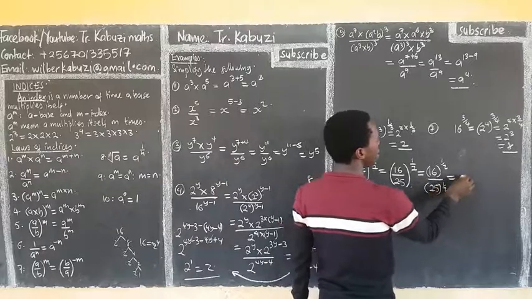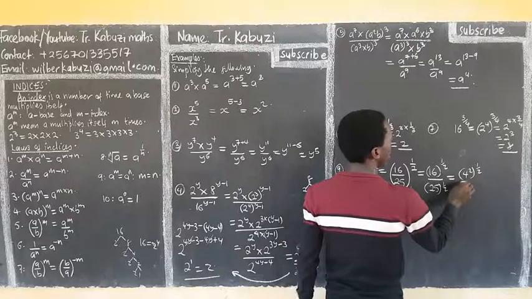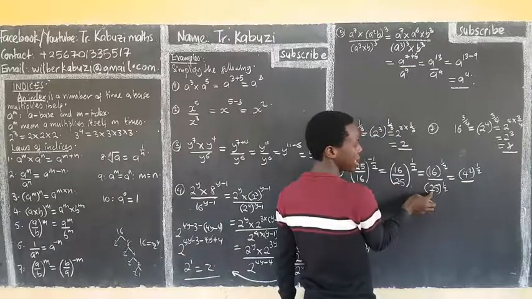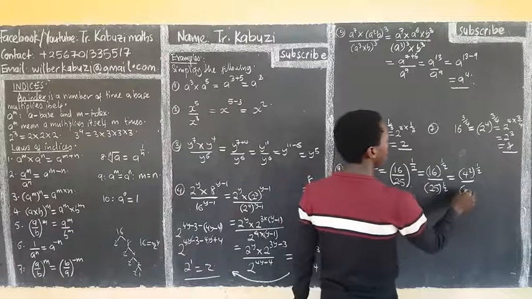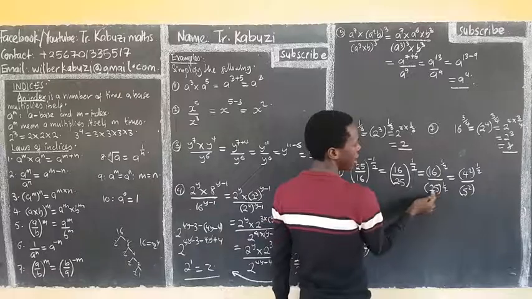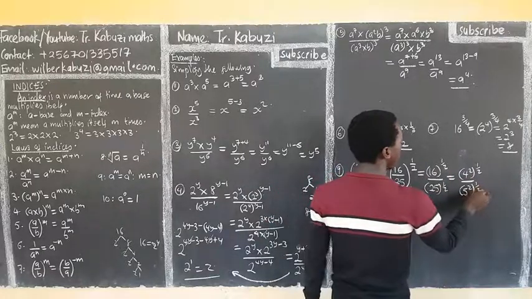Yes, that number is 4, power 2, power half. Then the same here. I see this is a 2, so I should express this as a number with power 2. That number is 5. So when I get 5 squared, I get 25. When I get 4 squared, I get 16 power half.